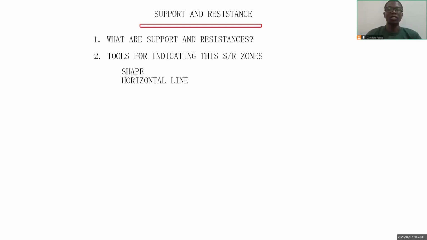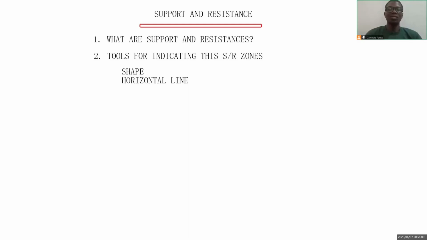Using the shape, which is a horizontal support and resistance tool, it shows us a large area of support and resistance. So whenever I open my chart, I start my charts on the daily time frame. The first thing I want to do is use the shape to highlight these sensitive support and resistance zones.